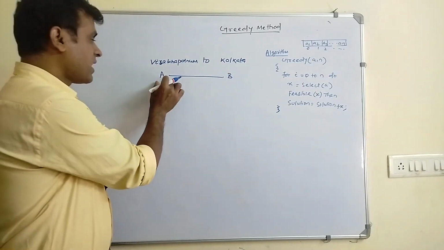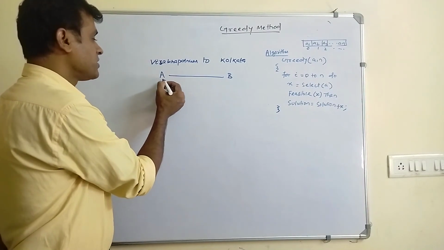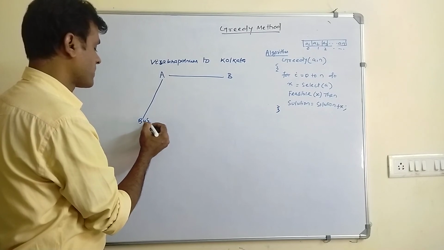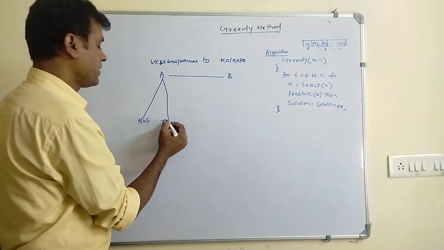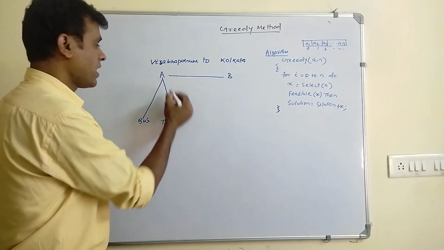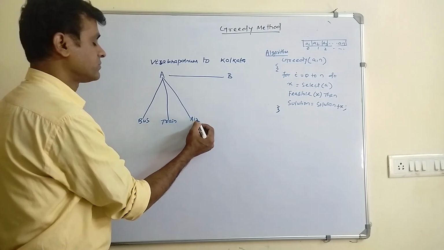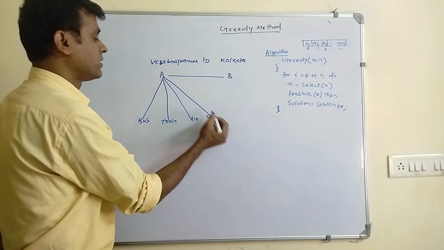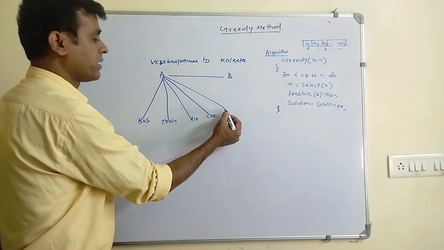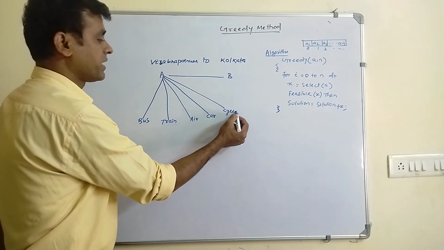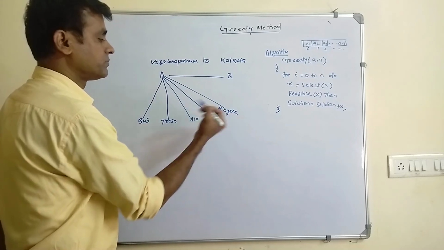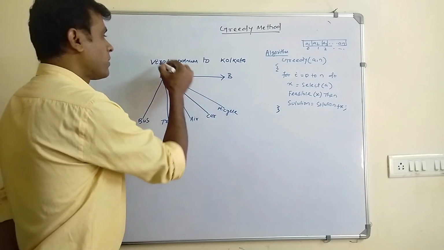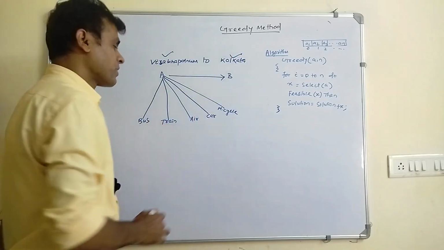If I have this kind of problem, I can solve it by going by bus, by train, by aeroplane, by my car, or by cycle or motorcycle. So my problem is to go from Visakhapatnam to Kolkata.